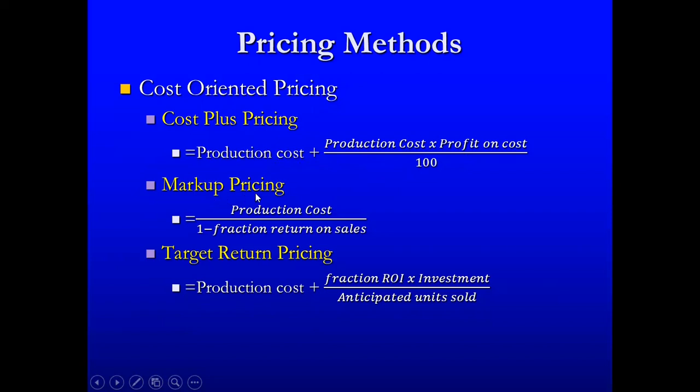Second is markup pricing, which is equal to production cost divided by 1 minus return on sales in fraction. The third is target return pricing. It is equal to production cost plus return on investment in fraction multiplied by amount invested divided by anticipated units sold.